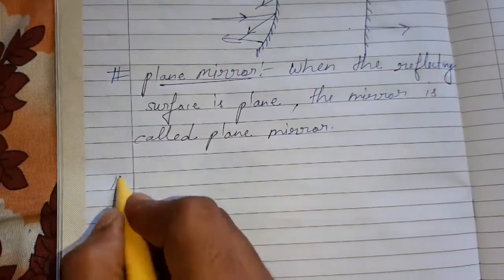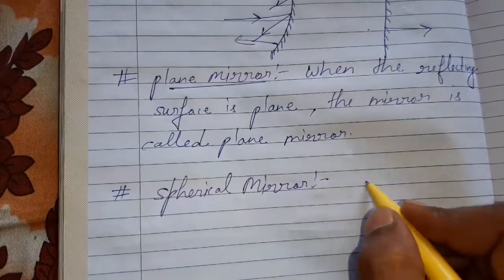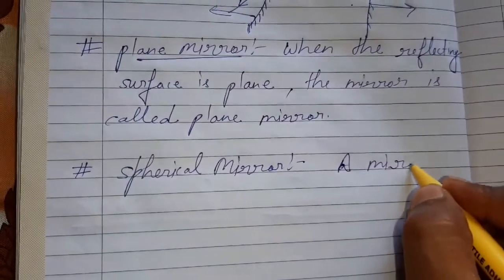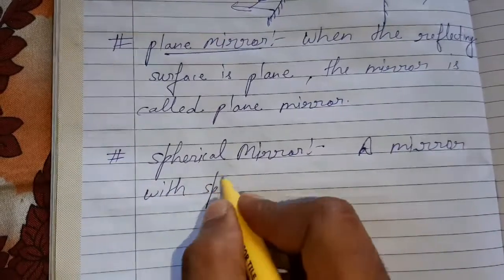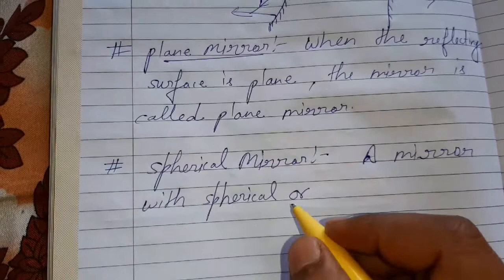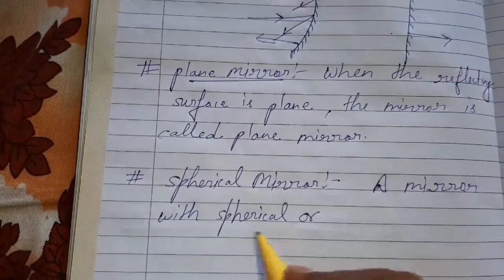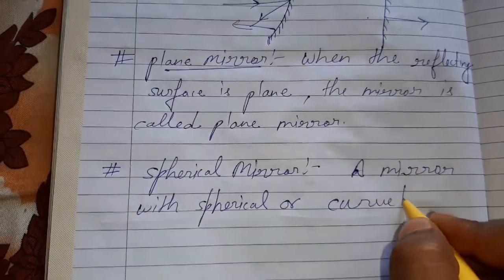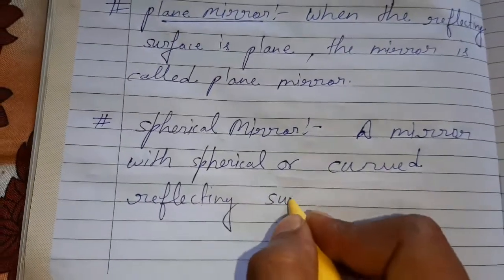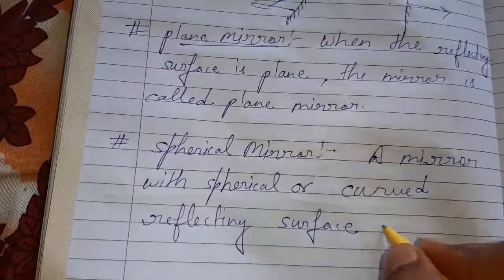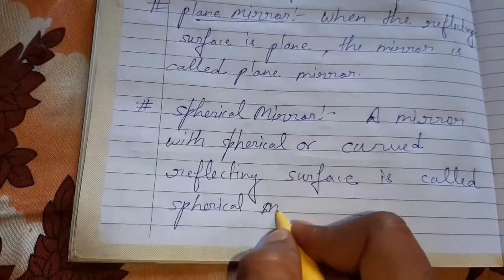So here I will write what is a spherical mirror. A mirror with a spherical or curved reflecting surface is called a spherical mirror.